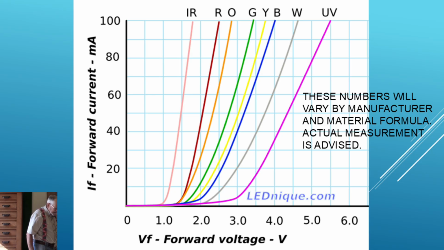So if you look at, for instance, 10 milliamps, which is where I'm going to be right here, and you come across, that green looks like it's about 1.9 volts forward voltage, whereas the white way out here has 2.2, 2.3.